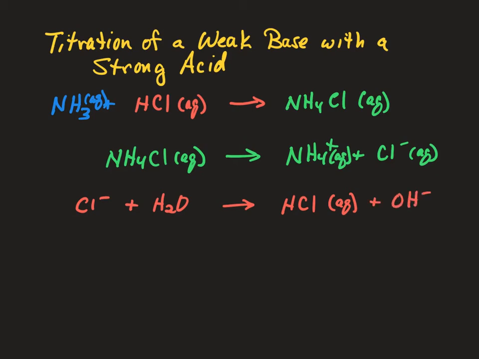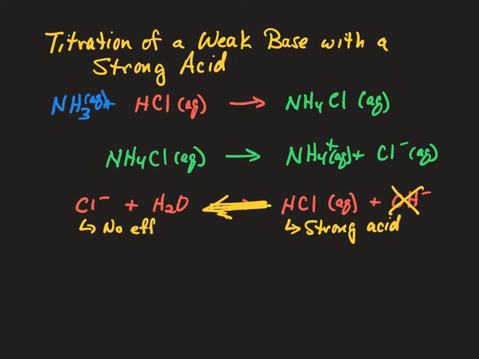But again, we know this is a strong acid, and a strong acid as a reactant will make the reaction complete in the other direction. And so we won't get hydroxide ions. So the chloride ion will have no effect on the pH.